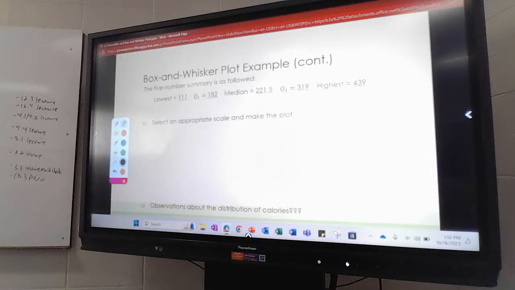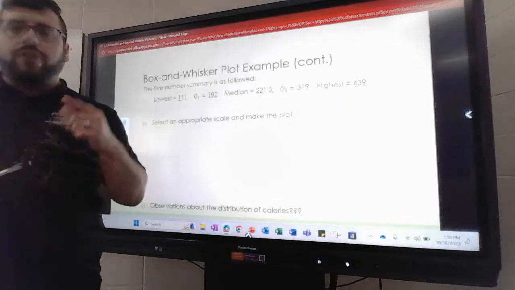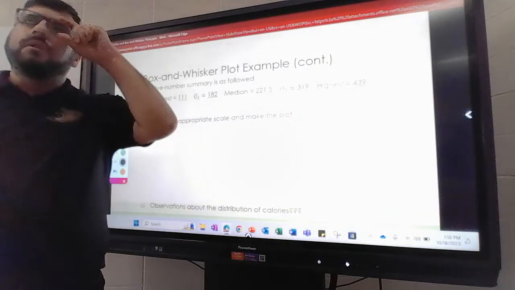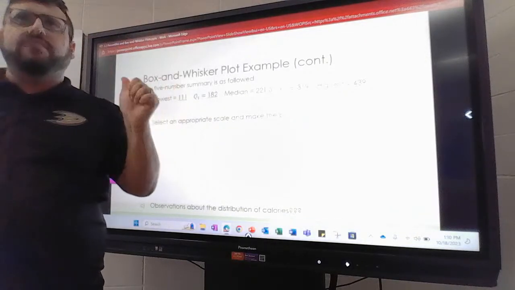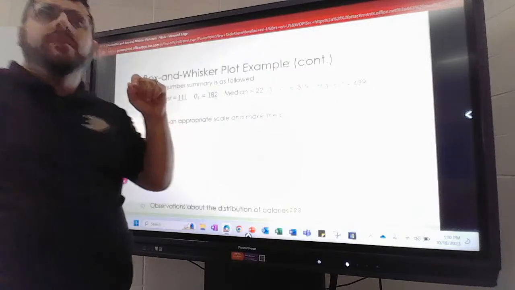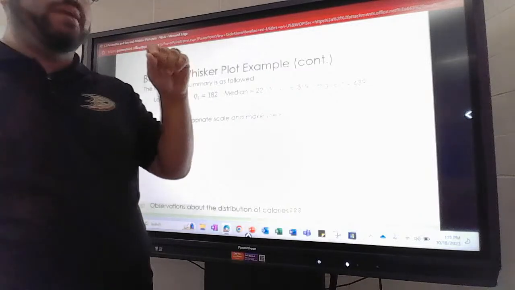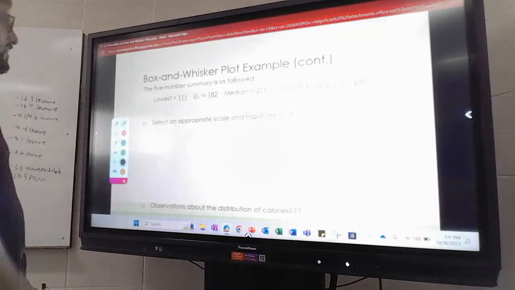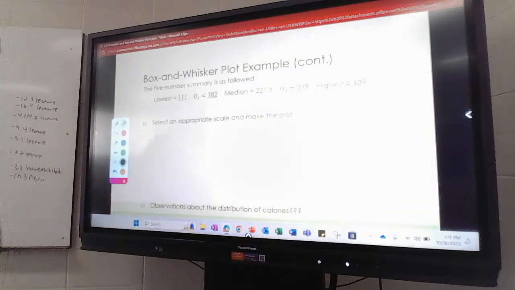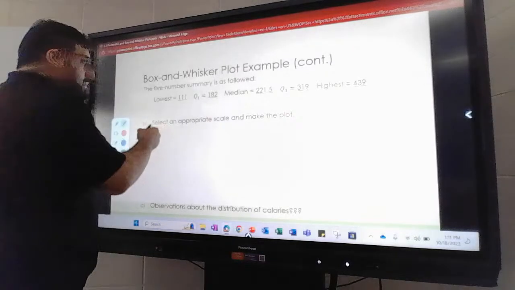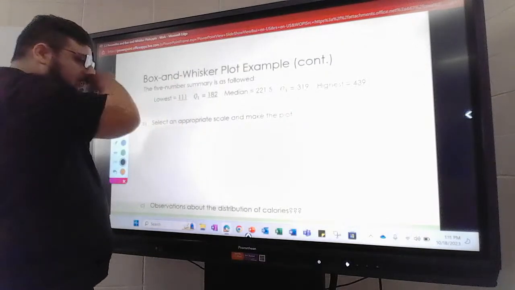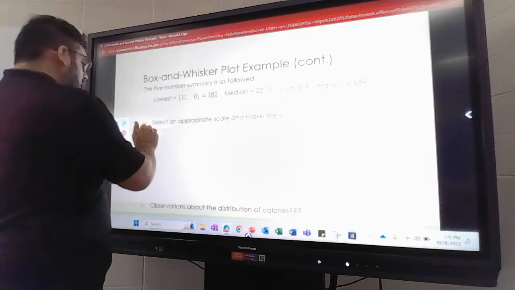Now remember, going back to chapter 2, whenever we draw a graph, we have to label it, we have to give it a title, and we have to label our axes with the appropriate units of measurement. So this problem was on calories in vanilla ice cream bars. And because it's a graph of distribution, we're going to label it as such.